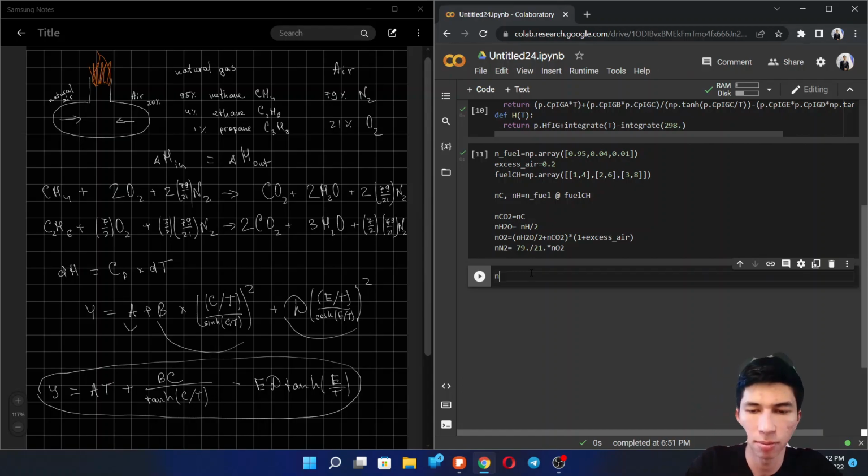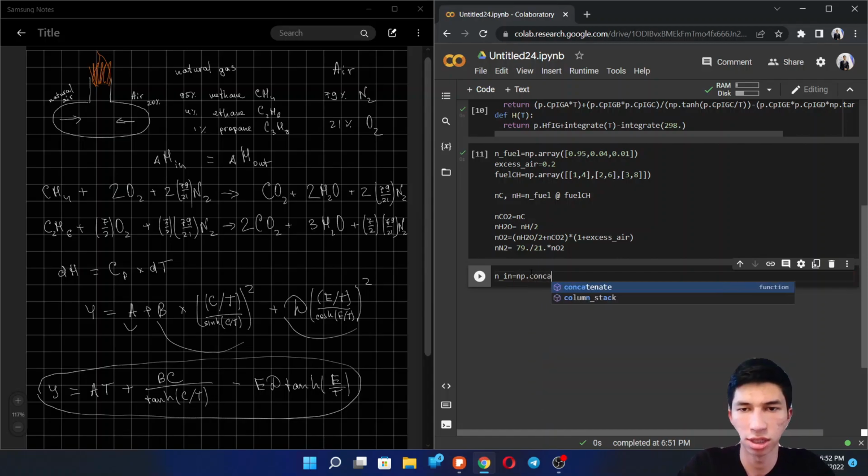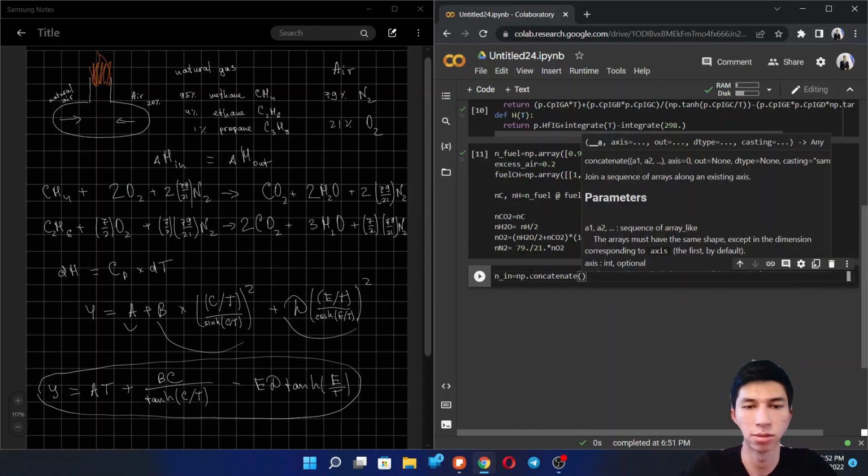So let's say moles that are going in. In NumPy there is a function called concatenate. Yes, this function. So this does not the matrix multiplication, but array addition.